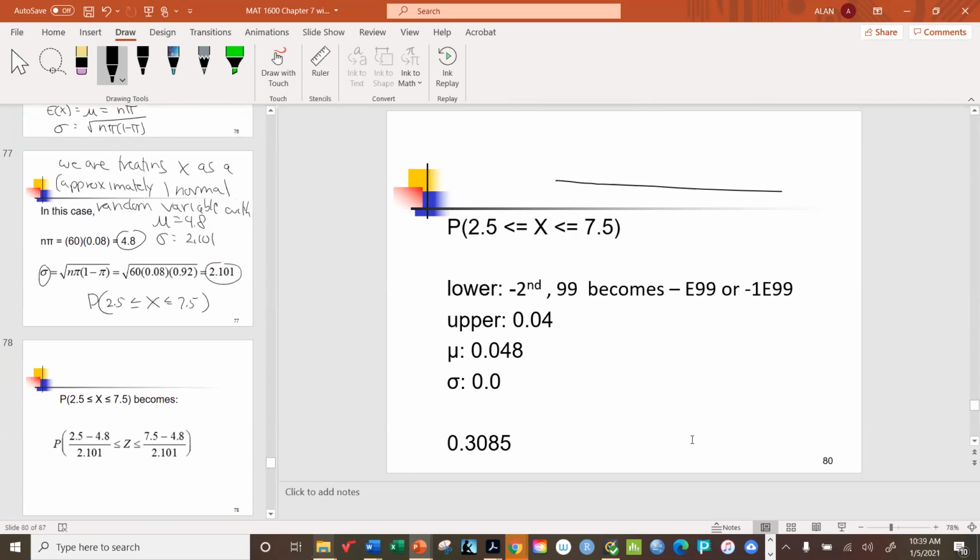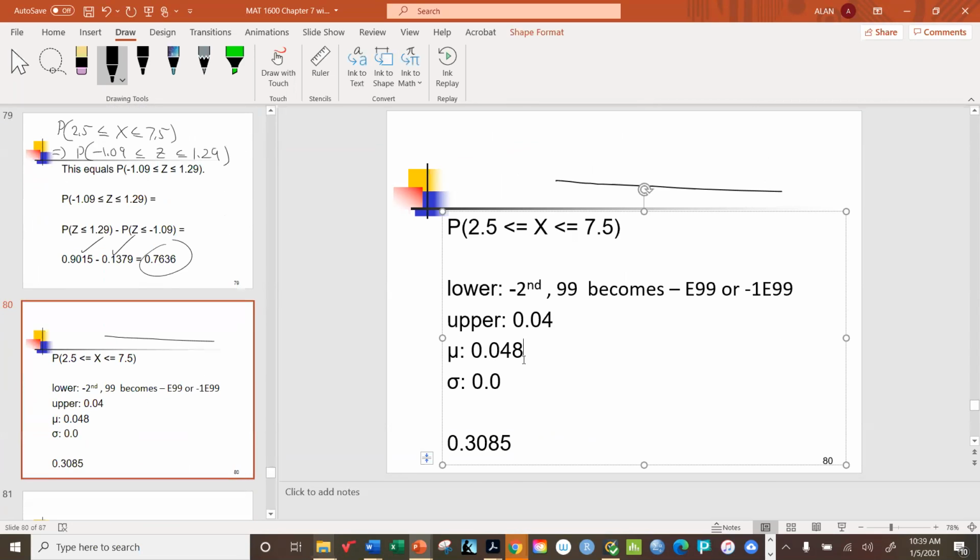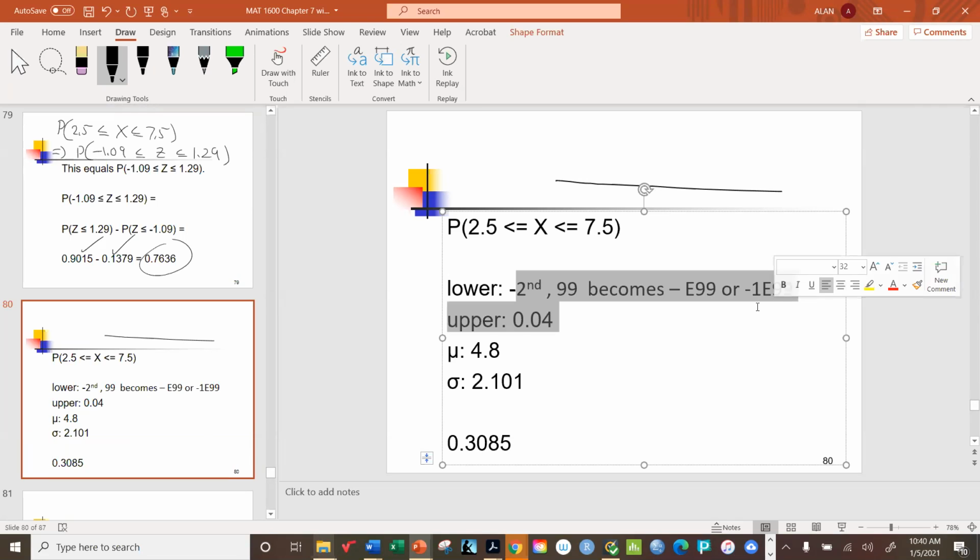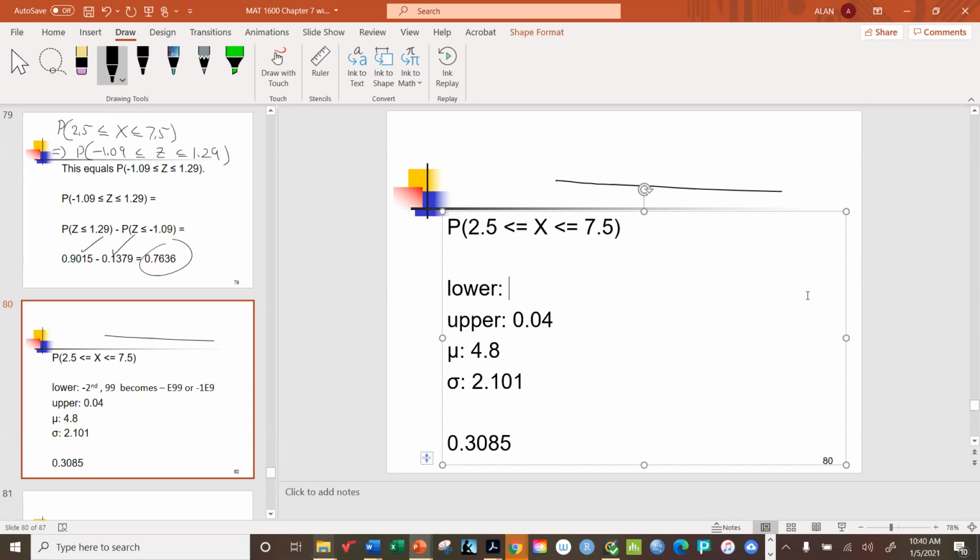No, my mistake. It's 4.8. It's not 0.048. It's 4.8 and 2.101. But the interval we're looking for is between 2.5 and 7.5. So the lower limit is 2.5. The upper limit is 7.5. All right, now we got it straight.